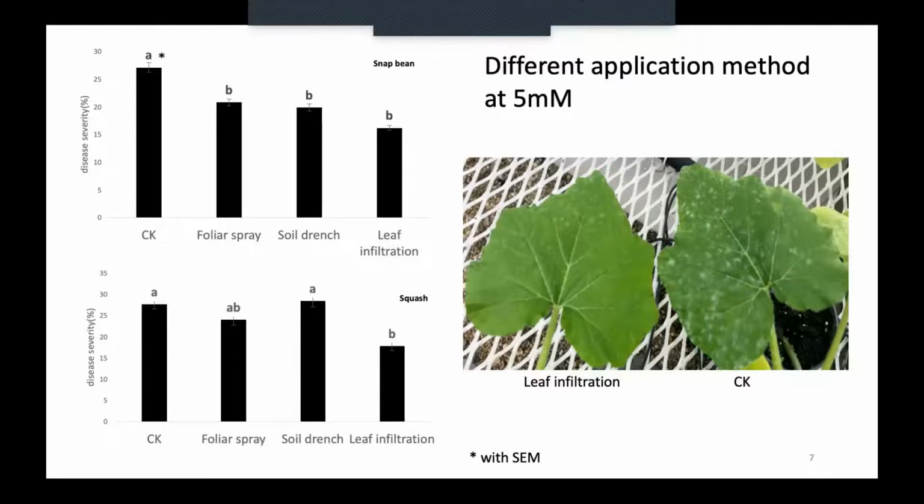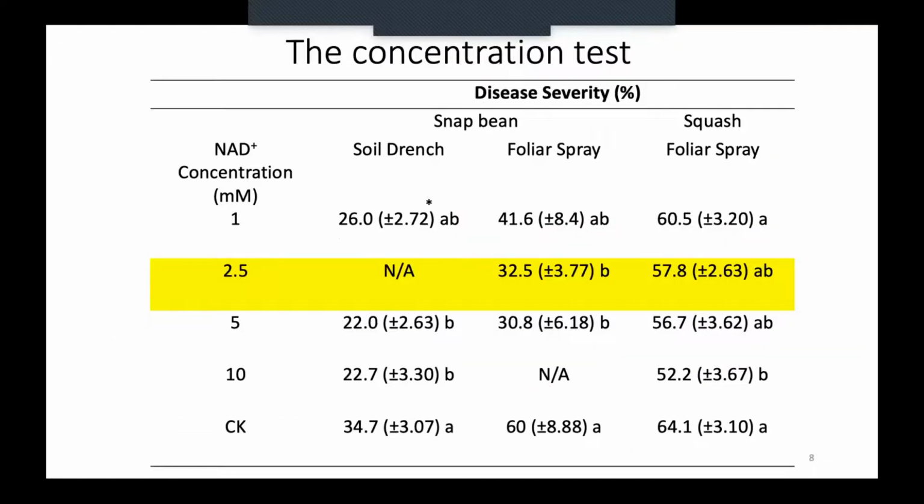Leaf infiltration is effective on both plants with consistency, and for squash, soil drench did not show effect. We also tested different concentrations by spray and drench on snap bean and spray on squash. When applied at 2.5 millimolar on beans, the disease severity was significantly reduced. On squash, 2.5 millimolar was the threshold concentration that showed effect.